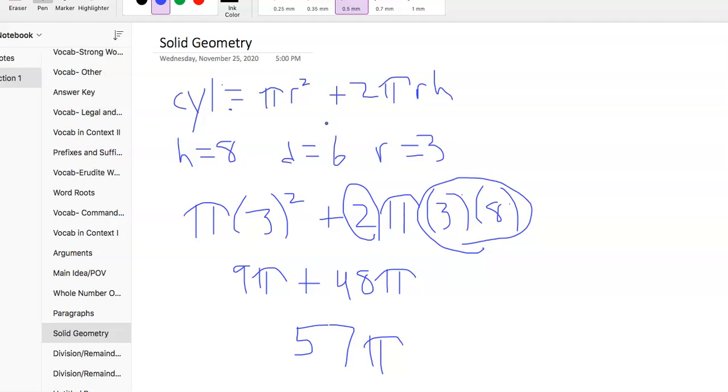Okay. So again, that tricky formula, right? That one doesn't just roll off the tongue, right? But we have surface area of a cylinder equals pi r squared plus 2 pi rh. All right, we want to dedicate that one to our memory, and we have one more surface area, and then we're done. Hopefully you're still here with me.